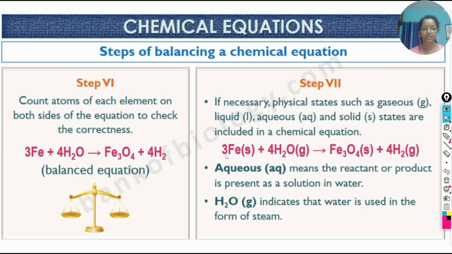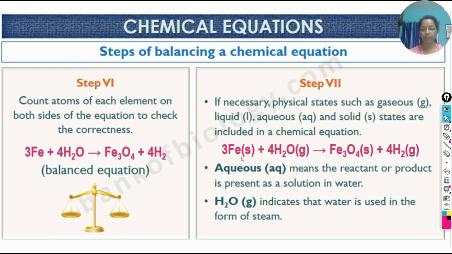Once the sixth step is over and the number of atoms is equal on both sides, we can add physical states. For example, small s for solid, small l for liquid, small g for gas, aq for aqueous. Aqueous means solutions. So the physical states also we can add as a subscript.